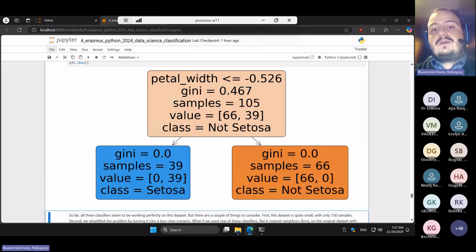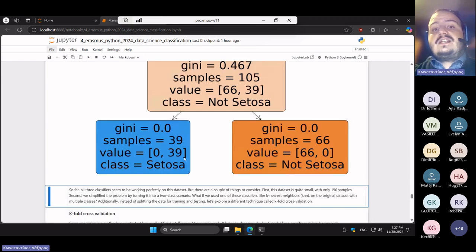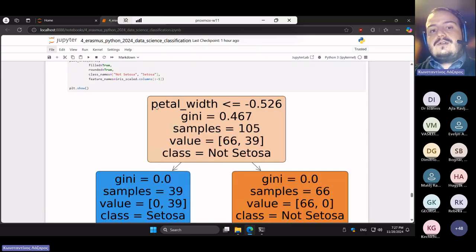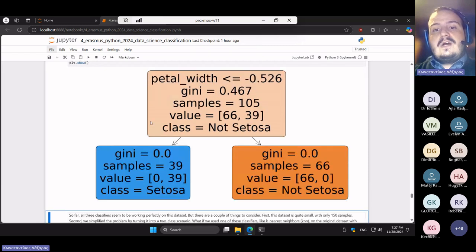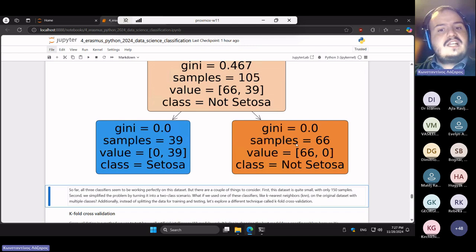And what happens is that because of this threshold, our tree manages to create two resulting nodes, or two leaves, that basically manage to separate our test set into two specific categories. So it manages to use this particular feature and this particular threshold to go from this node right there, which has this kind of impurity and this number of samples and this kind of prediction, of course, into two separate ones, two leaves that are 100% clean.